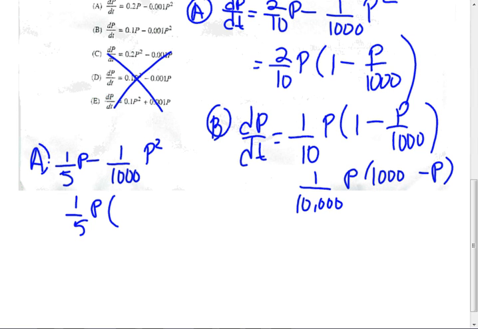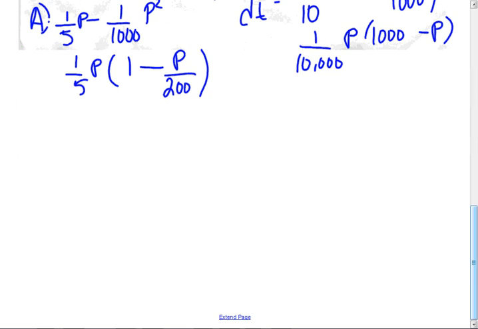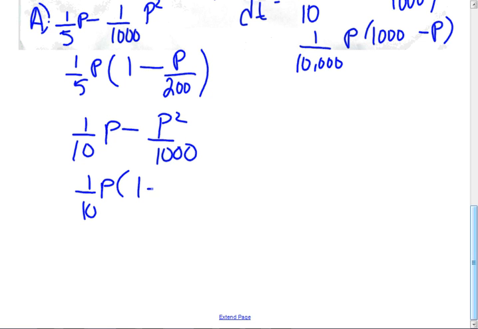Not time to go yet. This is 1 minus P over what? 5 into 1,000 is how much? That's what A is. That's logistic. And that works. Otherwise, if you try the 1/10, that won't work. Because if I do 1/10 P minus P squared over 1,000, and I factor out a 1/10 P, I'm left with 1 minus P over 100. That's why it doesn't work. So it's A.